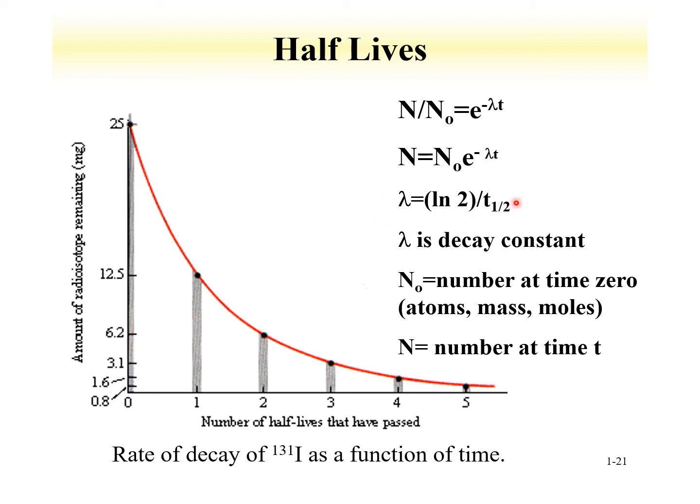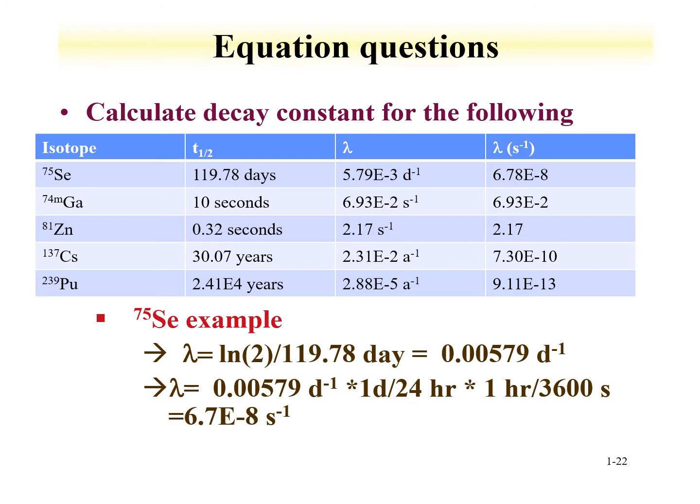Lambda, the decay constant, is just equal to the natural log of 2 divided by the half-life. Now, if this time is in seconds, your half-life needs to be in seconds. If this time is in minutes, your half-life needs to be in minutes. In this first order decay, the half-life term is fundamental in radioactive decay. Again, this is an equation that we will see frequently in the course.